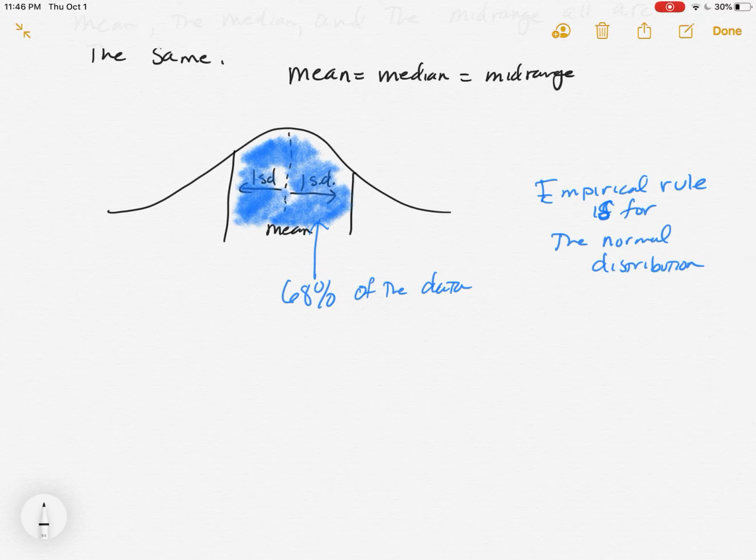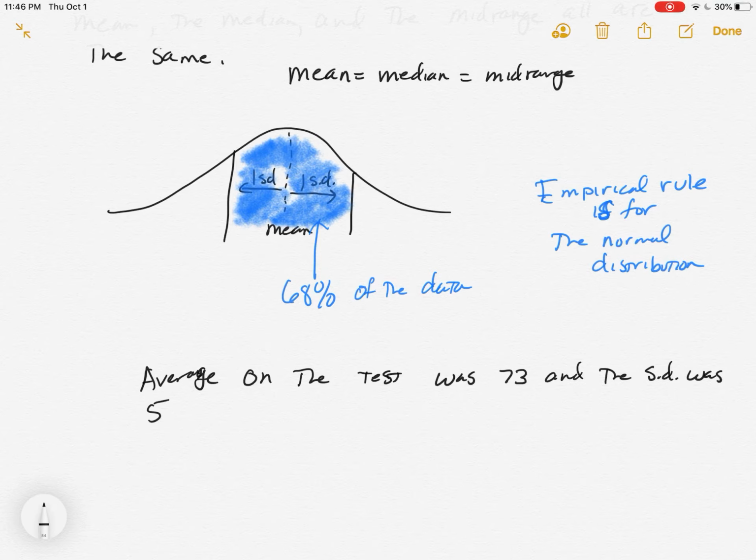So what if I told you that the average on the first test was 73 and the standard deviation was 5, and the scores were normally distributed? When I say normally distributed, I mean it's following that bell-shaped curve.